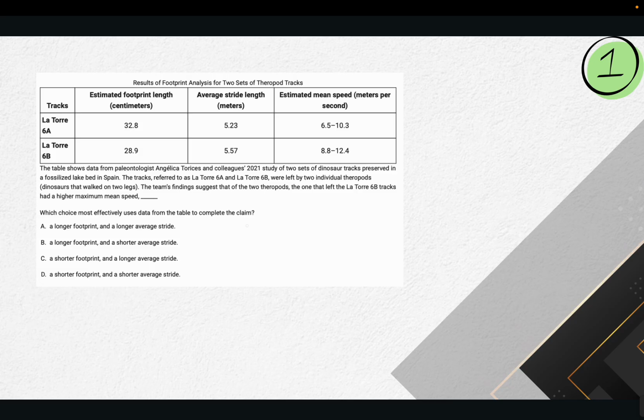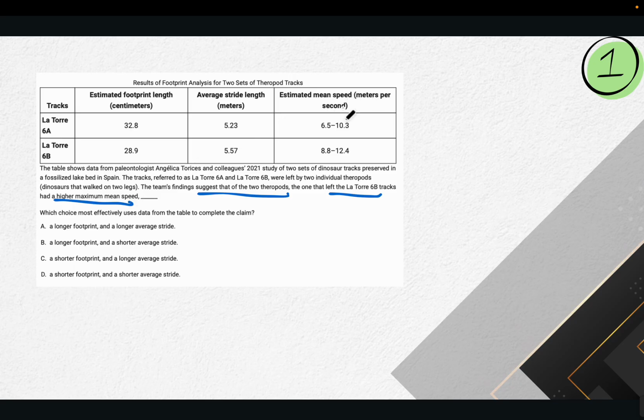Okay guys, for this question it might be kinda tricky, so I'm gonna be solving this question all by myself. And yeah, let's continue. It says that the team's findings suggest that the theropod, the one that left La Torre 6B tracks, had a higher maximum mean speed.